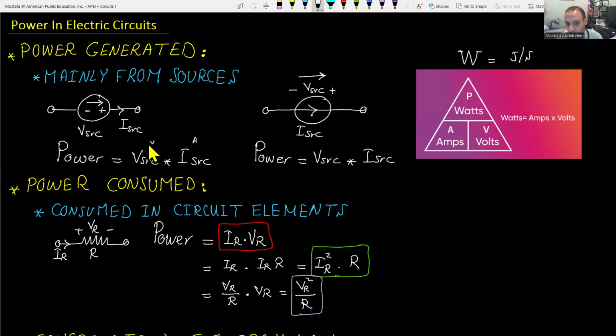Now, where is the power consumed? Physically, it's converted. The power consumed in the resistance that you see in electric circuits is actually not consumed. The power doesn't vanish. It is converted to another form.